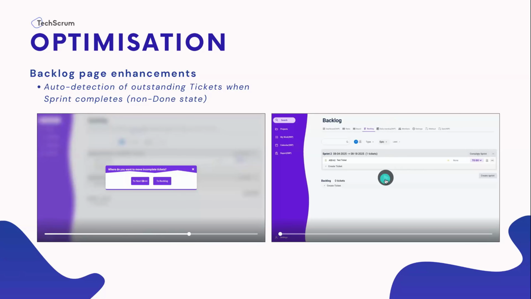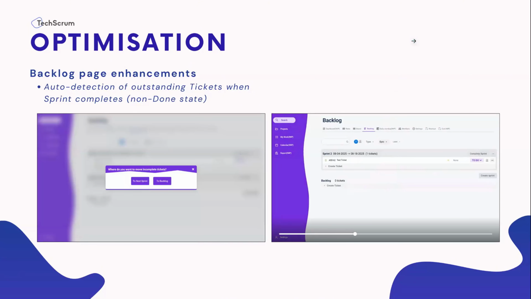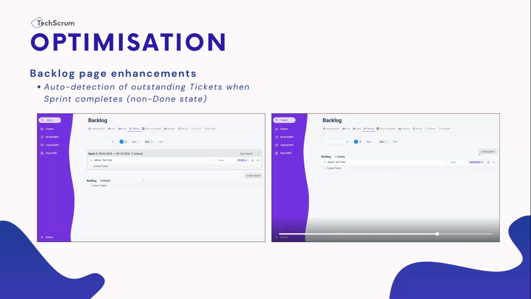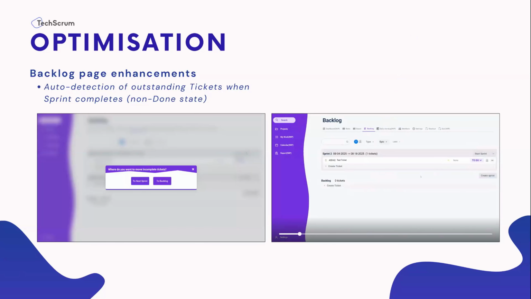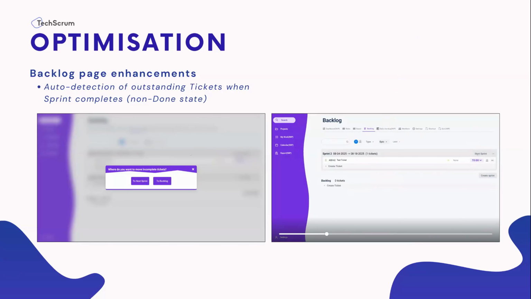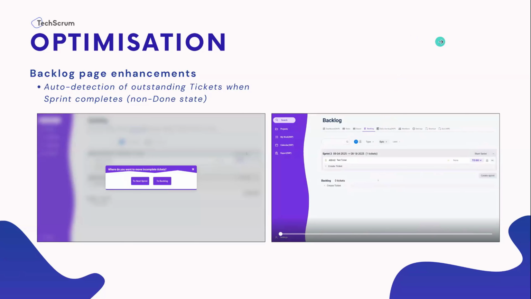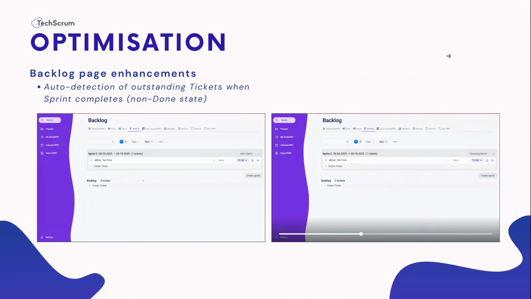And then, as shown in the video on the right, when the current sprint is completed and there are no other active or upcoming sprints, the system will automatically move all unfinished tickets back to the backlog. Their status will also be updated accordingly, ensuring that nothing gets lost and the team can clearly pick them up in the next planning cycle.